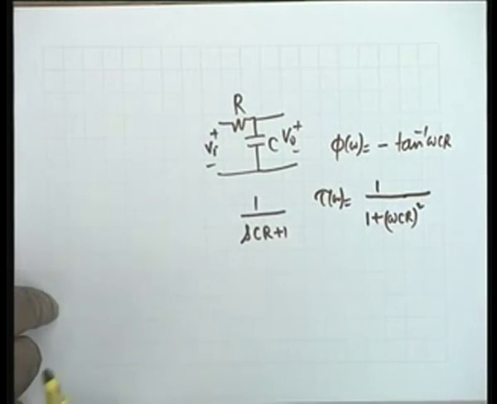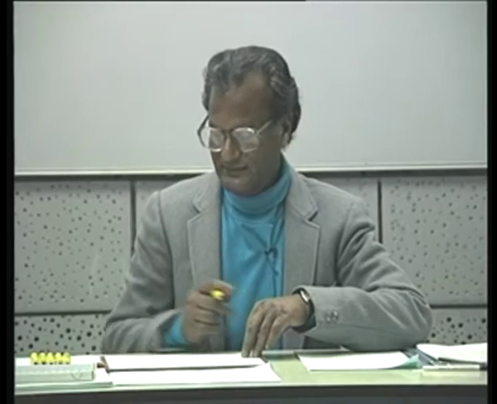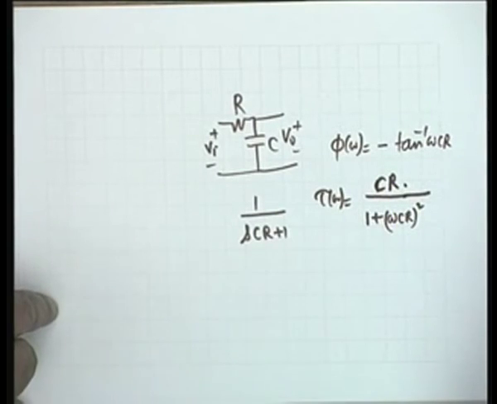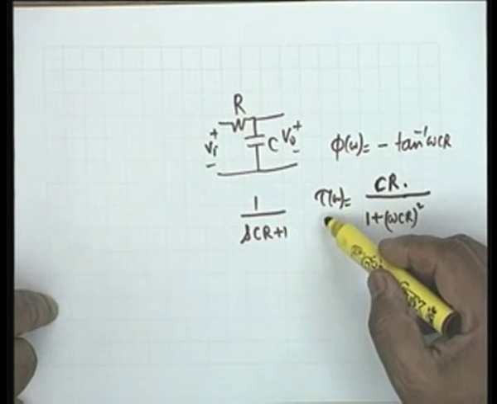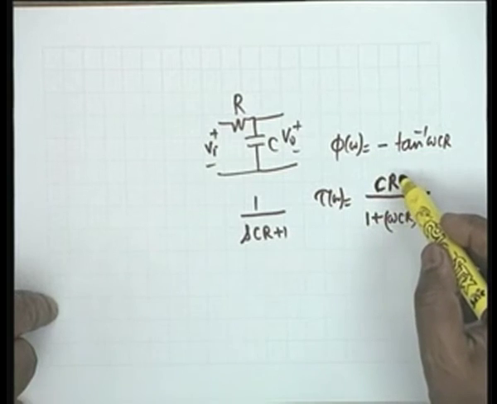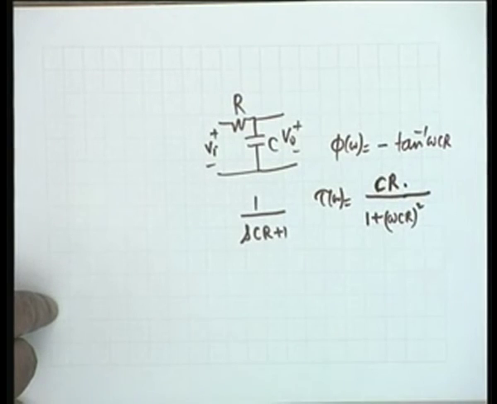Is that okay? Into CR, all right. Is it okay now? The negative sign is taken care of by the definition of tau, and you notice CR is there. If CR was not there, what would have happened?